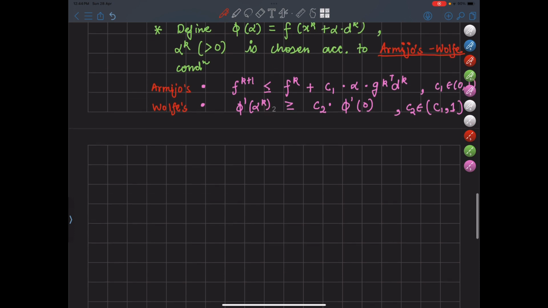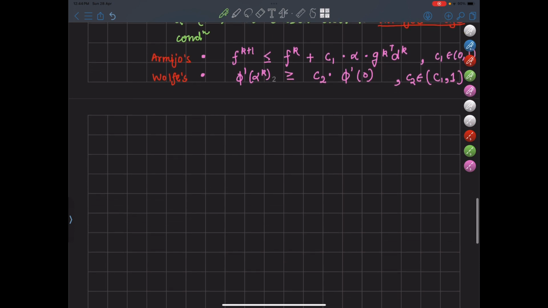So if we take these assumptions into account, we can say that fk plus 1 is less than fk for all k greater than or equal to 0, and also that the xk plus 1 update step is given by xk plus alpha k dk. This is how xk plus 1 gets updated.